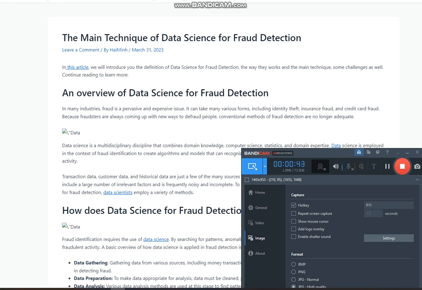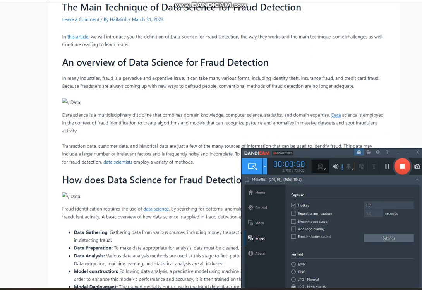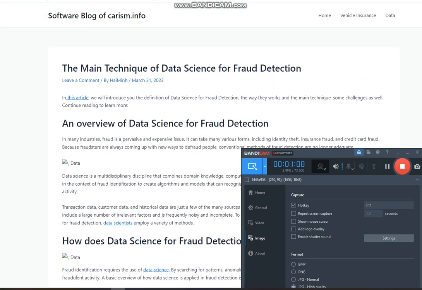Data science is a multidisciplinary discipline that combines computer science, statistics, and domain expertise. Data science is employed in the context of fraud identification to create algorithms and models that can recognize patterns and anomalies in massive datasets and spot fraudulent activity.